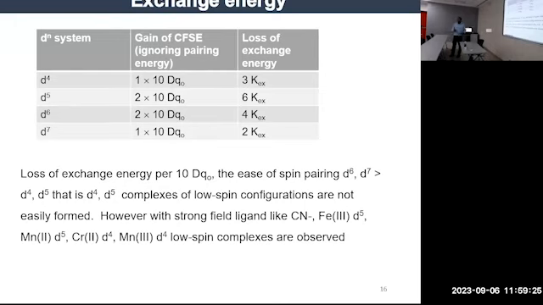That's why, if you consider only the exchange energy concept, a low spin compound of d4 or d5 is difficult. But other factors also determine whether it will be low spin or high spin. Suppose you put a cyanide ligand, which is a stronger donor; the exchange energy contribution will be minimized, and you will get mainly low spin complexes.